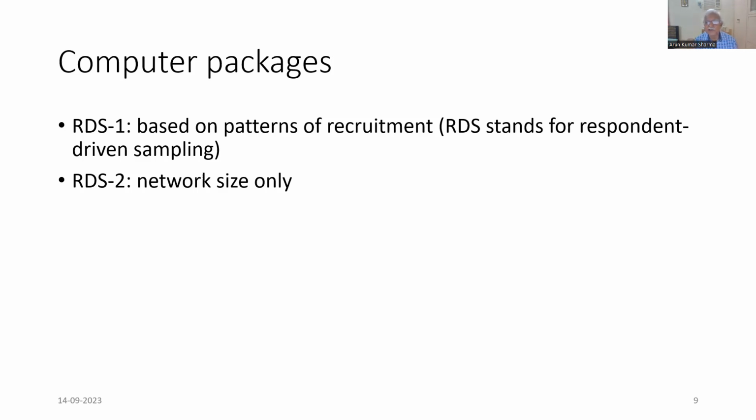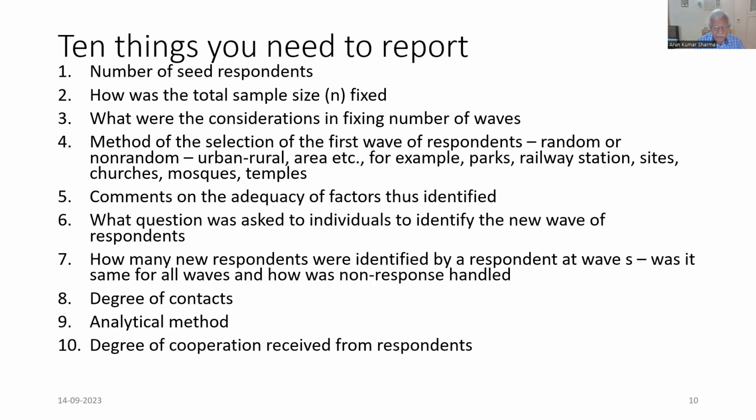RDS1 is based on patterns of recruitment, and RDS2 is based on network size only. The main point which I want to put before you is that if you are saying that you are using snowball sampling, there are 10 other things you need to report.